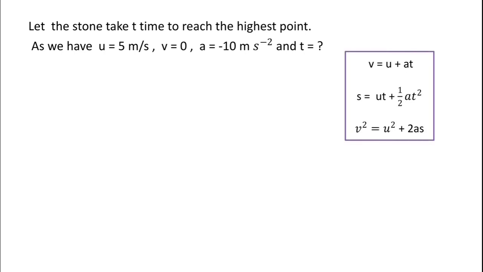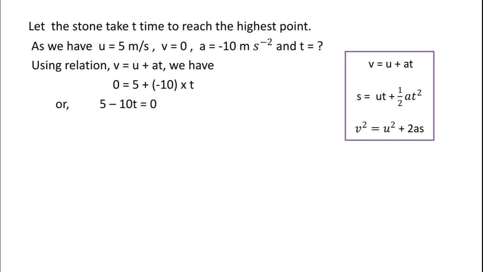We see that the first equation v = u + at is applicable because it contains all the variables. So using this relation, we have 0 = 5 + (minus 10) into t, which can be evaluated as 5 minus 10t = 0, and again t = 5 upon 10, which comes out to be 0.5 second.